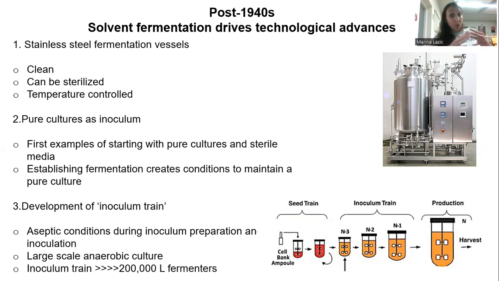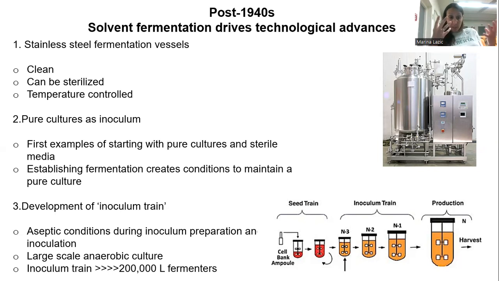In this period also, the inoculum train was developed, and we will learn in detail about the inoculum train later in class. But I'm just giving you a brief overview: you have to have aseptic, sterile conditions during inoculum preparation, because you have to maintain that sterility.